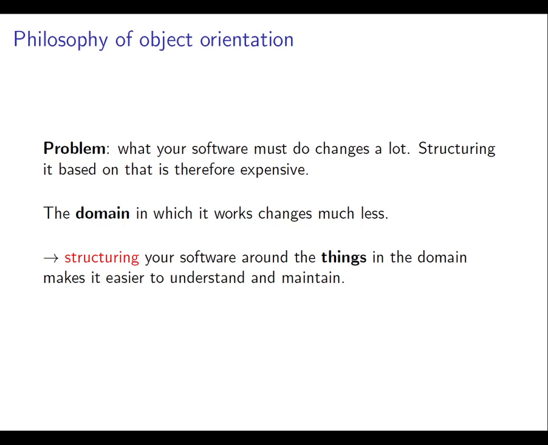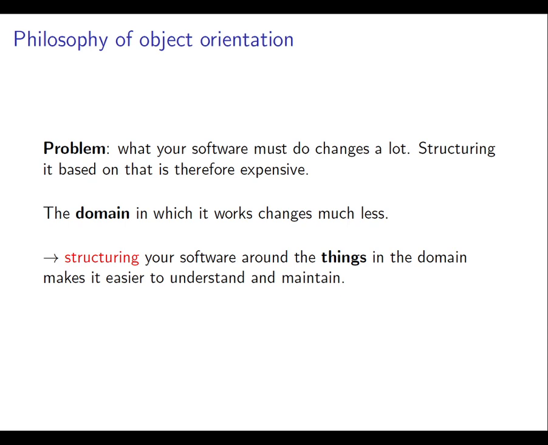The philosophy of object orientation, however, takes us a step beyond that. As I advertised at the beginning of the lecture, the issue is that what your software must do changes a lot, and what we want to do is to try to structure the program based on something that will make it easy and cheap to make the kinds of changes that we can reasonably foresee.